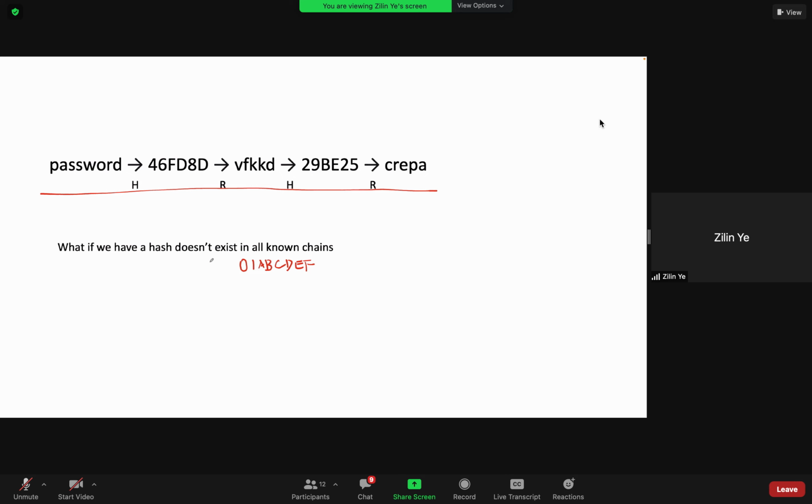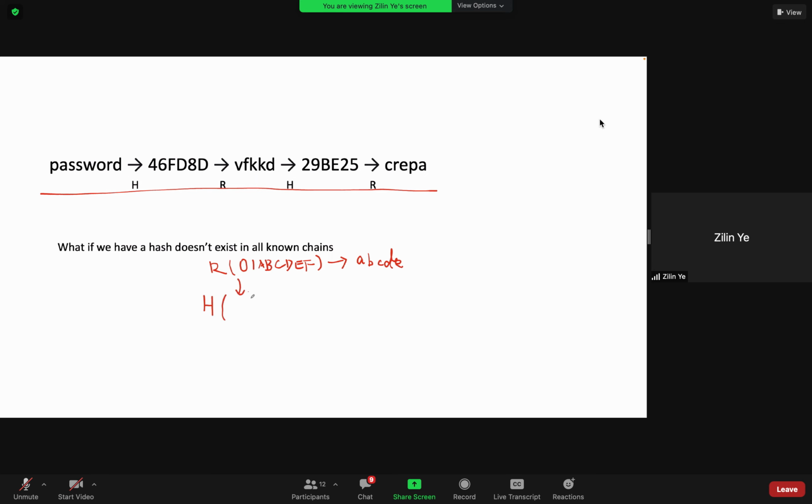So I first reduce it, and it will probably give me an output like ABCDE. Is ABCDE on the tail or the head? It's not, right?